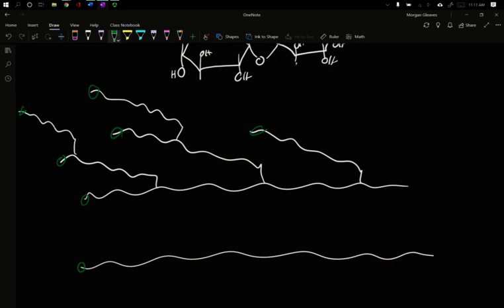The speed at which you can free up sugar, and therefore free up energy, is greater from amylopectin than it is from amylose. So long-term, easy, slow storage, amylose is better. But for anything where you'd need fast access, amylopectin becomes better.